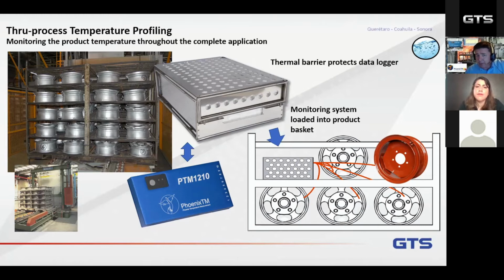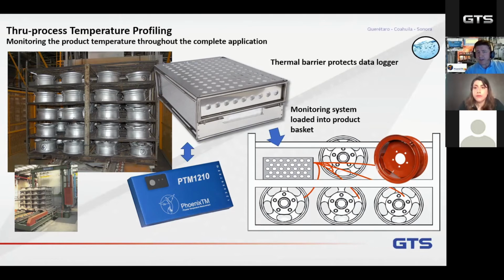And the thermocouples are then positioned at different locations on the product or different products within that basket. So this product basket travels through the process as a single entity. So everything is contained, it's safe, there's no trailing thermocouples, there's nothing that can get tangled or distorted or damaged.